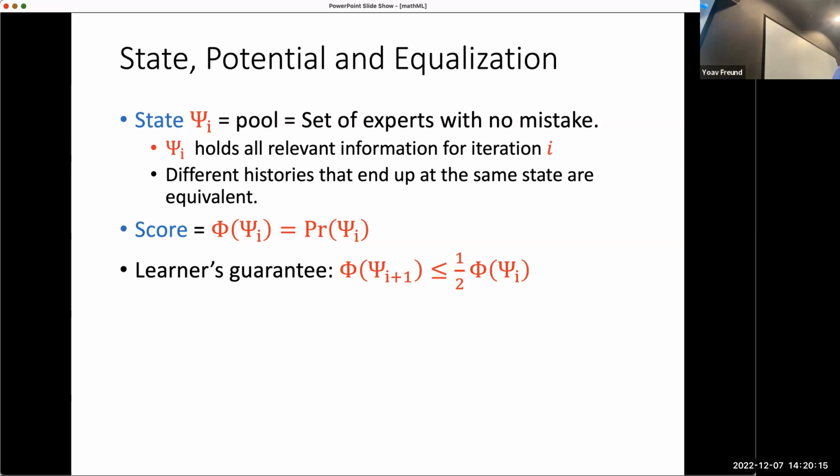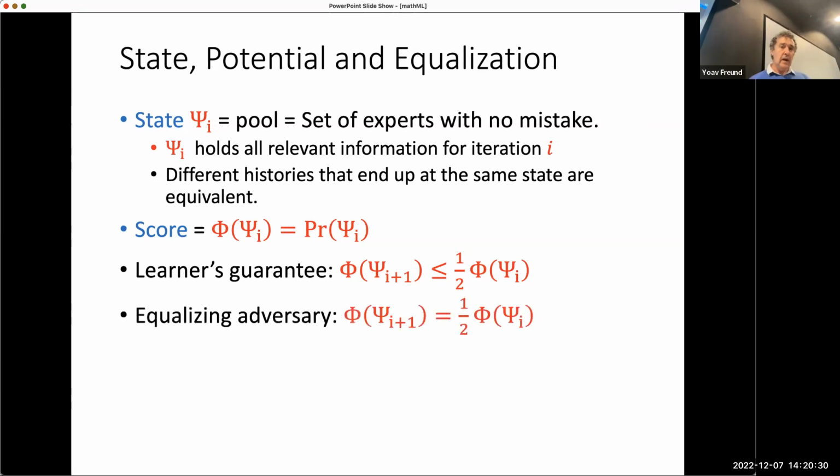So why is this a score? Just because here it has this property. The property is that the learner can guarantee that the score will go down by a factor of 2, and the adversary guarantees that it will go down by exactly 2. So basically, that means the game ends when this score is smaller or equal to epsilon.